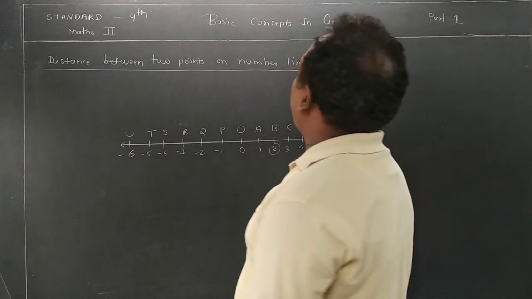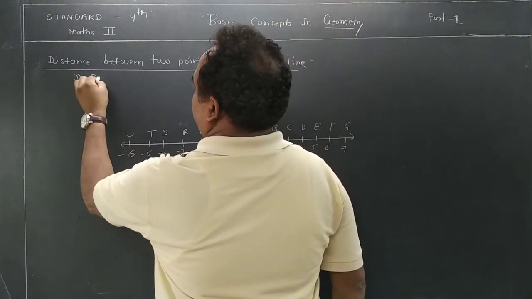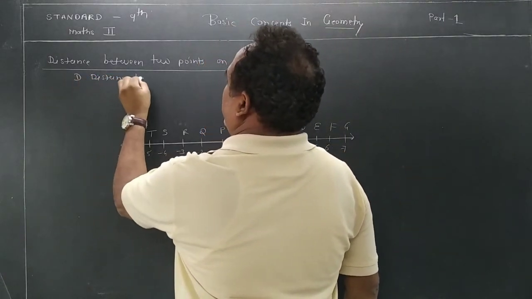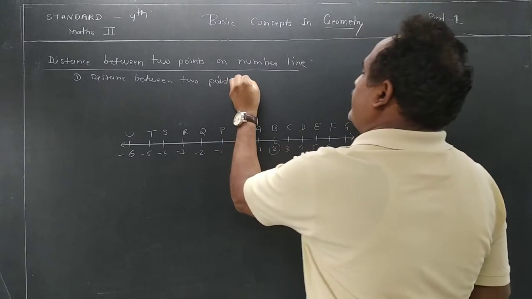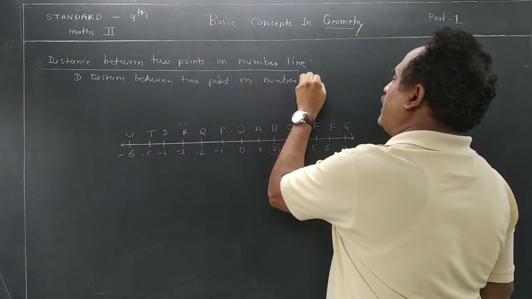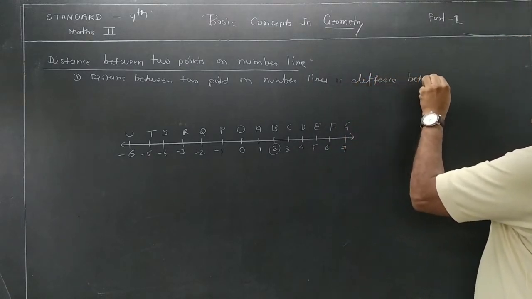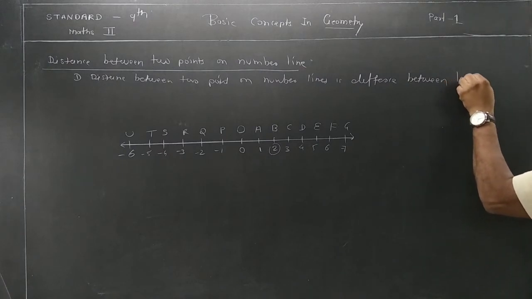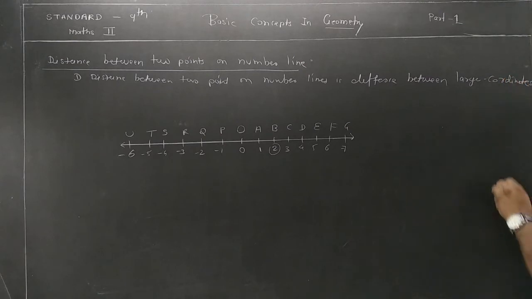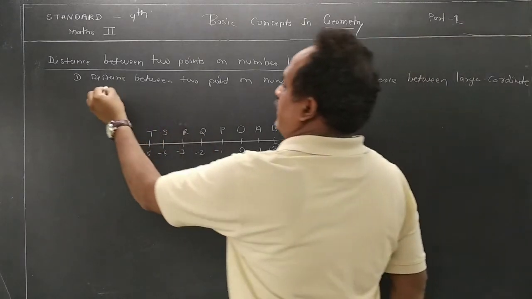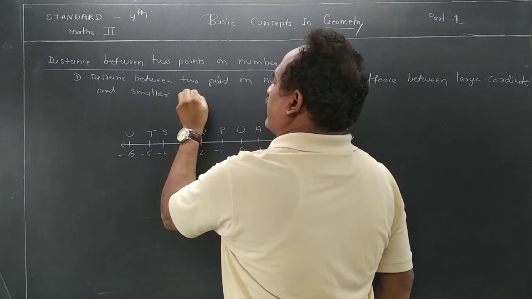The distance between any 2 points on a number line is the difference between the larger coordinate and the smaller coordinate.